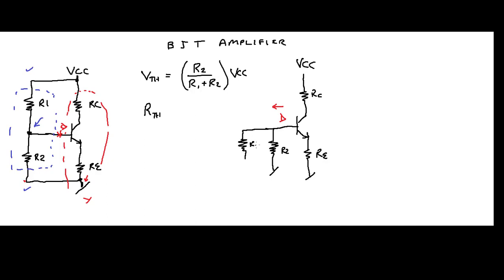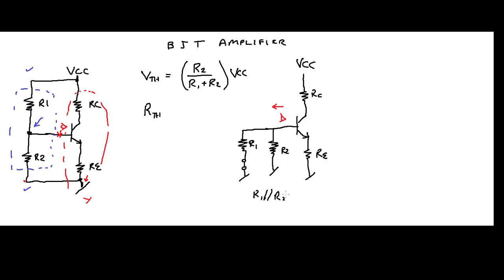R1. This is going to go through your source, which is just a wire, to ground. Now, these two resistors, R1 and R2, are in parallel, aren't they?